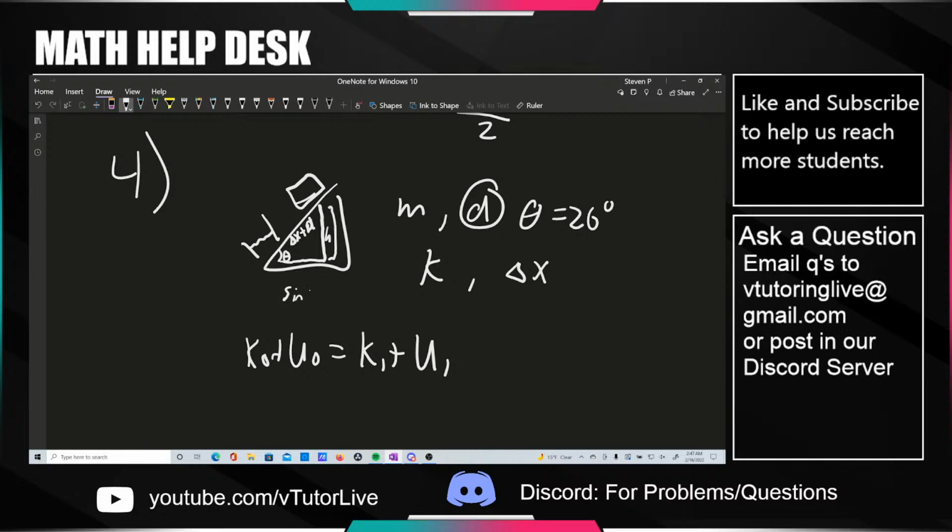So if sine theta is equal to h over delta x plus d, then we solve for h. So h is equal to (delta x plus d) sine theta.